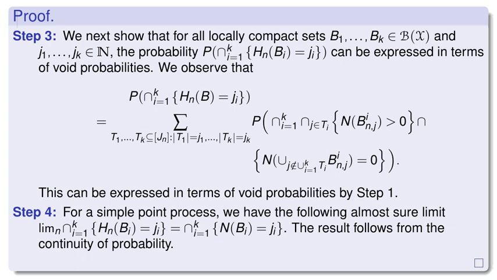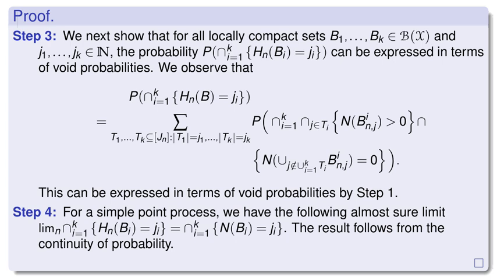Step 4. For a simple point process, we have the following almost sure limit. The limit as n goes to infinity of the intersection from i equals 1 to k of the event Hn of Bi equals Ji is equal to the intersection from i equals 1 to k of the event n of Bi equals Ji.